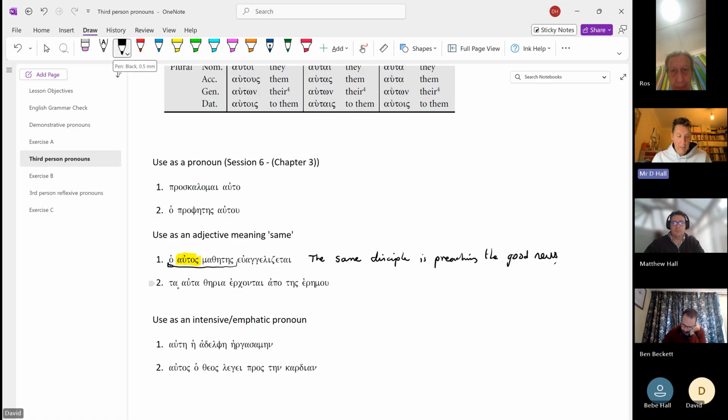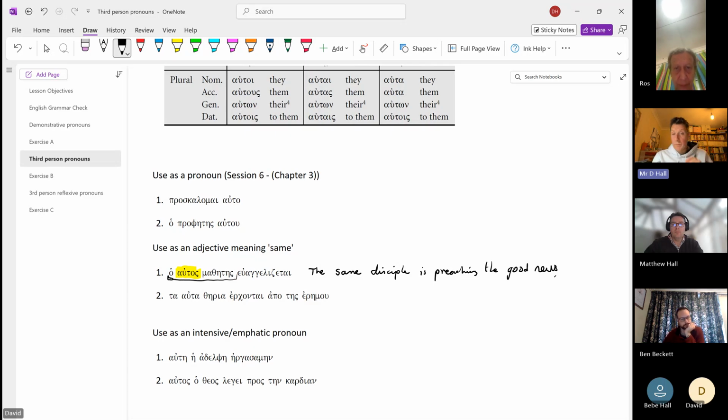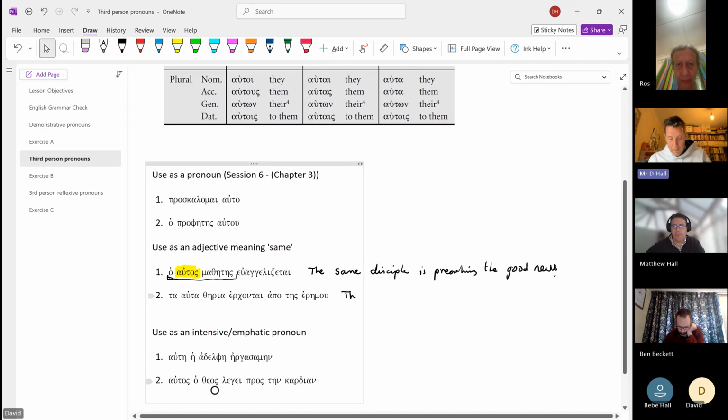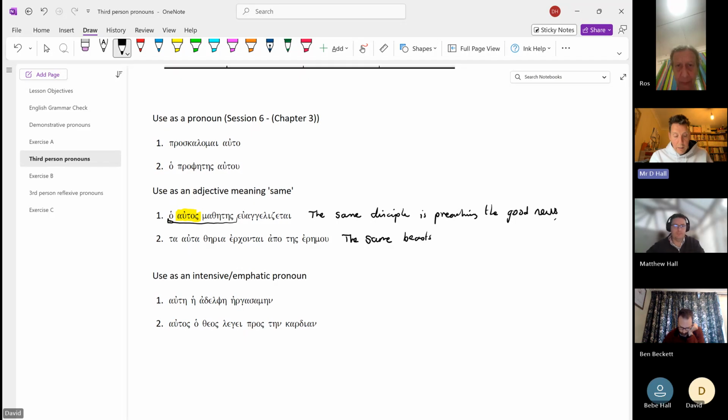Okay, and similar here. So just a plural version of the same thing. So therion is actually in the list, I think, for the previous chapter, which means an animal or a beast. Okay, so here we have the same beasts. The same beast or the same animals, however you want to call it, are coming.